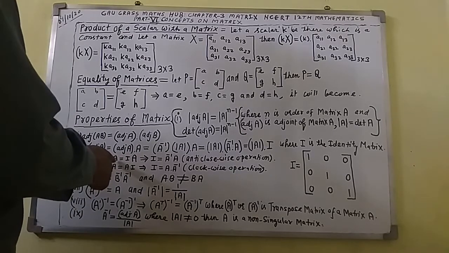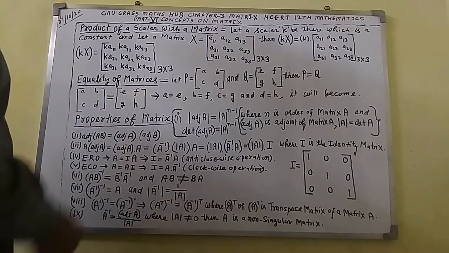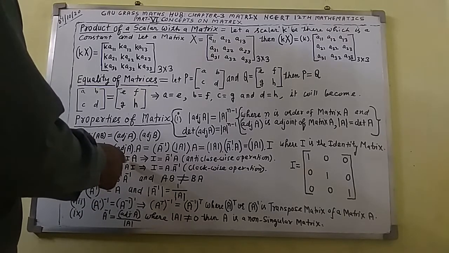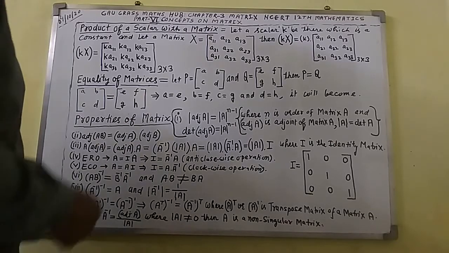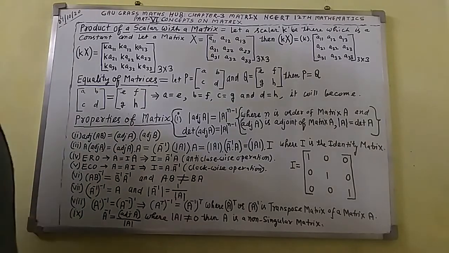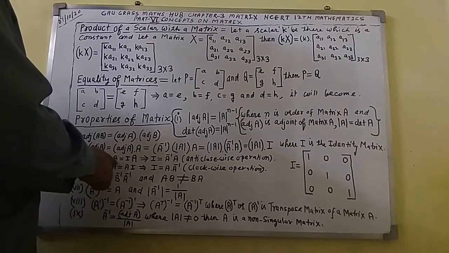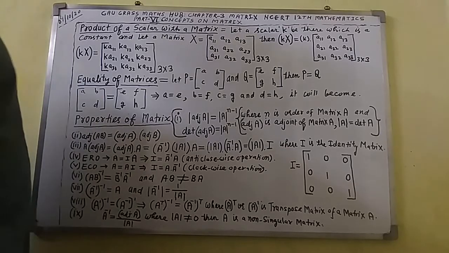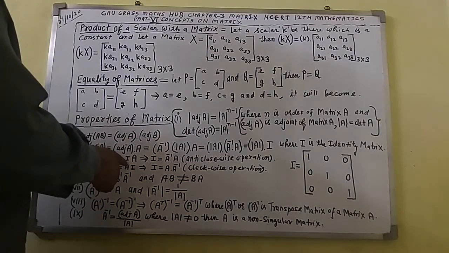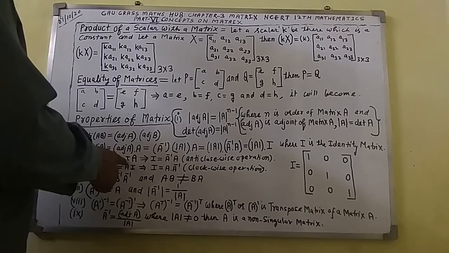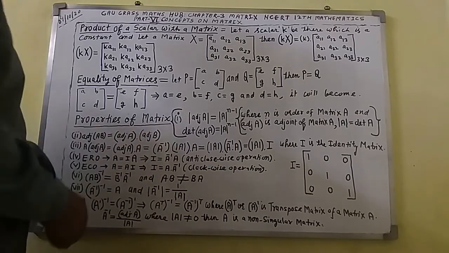Here A is the given matrix, I is the identity matrix of the same order as matrix A. So here the matrix A will be converted into the identity matrix of the same order as matrix A. A will be converted into I, and here I will be converted into A inverse.